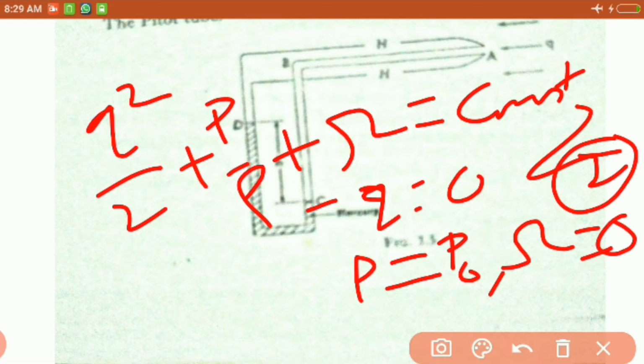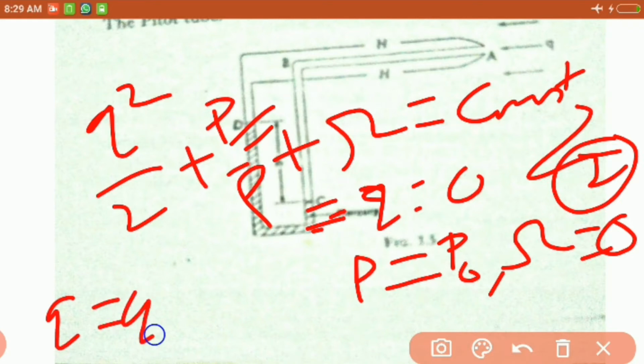And for this point D, q is equal to q, not q0, P is equal to P, and omega is 0.